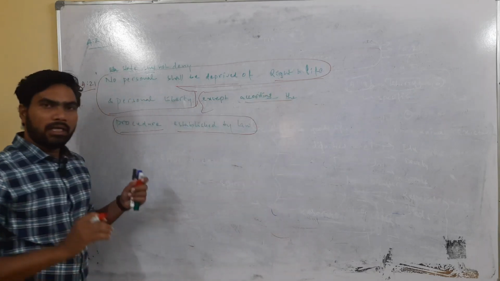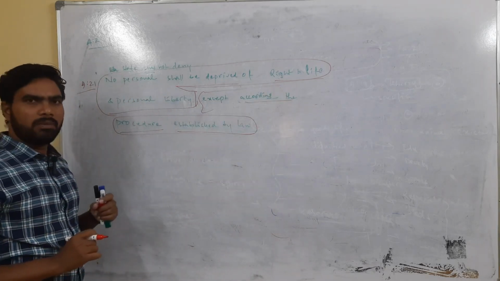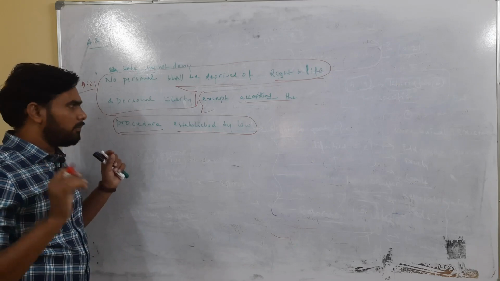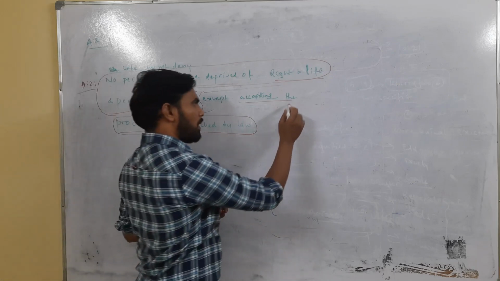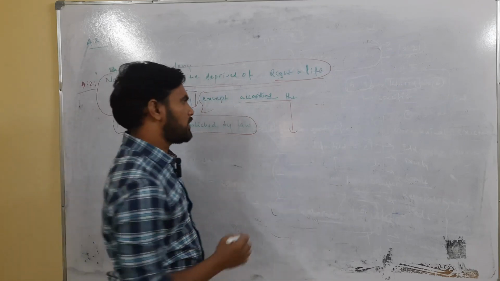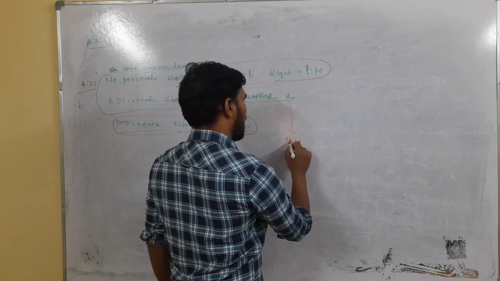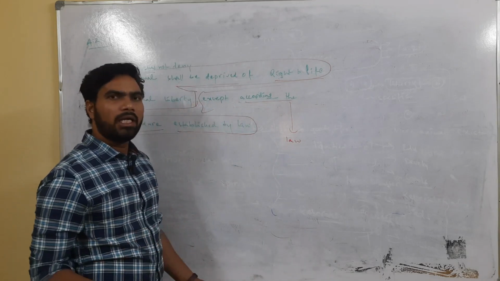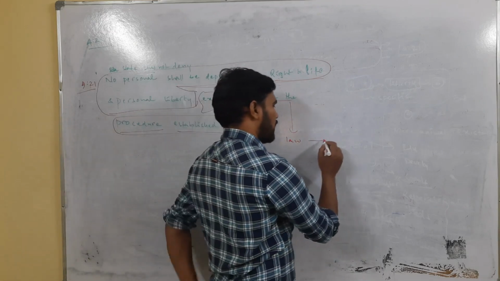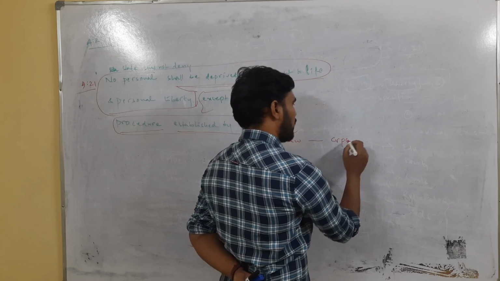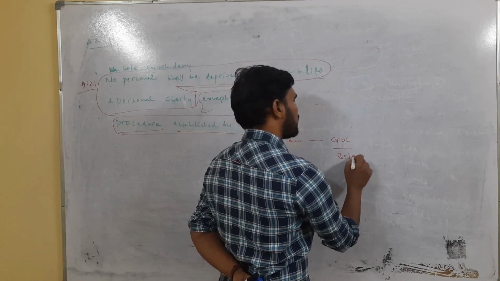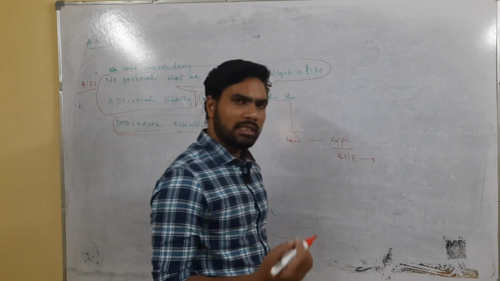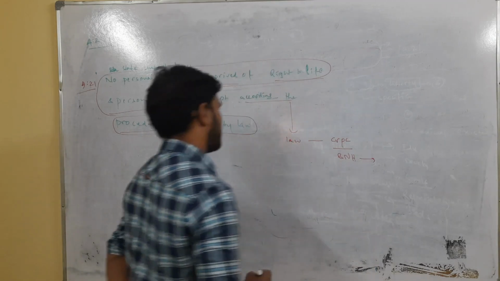Except according to the procedure established by law, no person shall be denied the right to life and personal liberty. What it is implying is, if Parliament makes a law and any person violates that law, for example, I am violating a certain law. Earlier the criminal procedure code, CrPC, used to be there; now we have the BNS, Bharatiya Nyaya Sanhita. Under this I am violating something. Let's take an example: I am murdering a person.